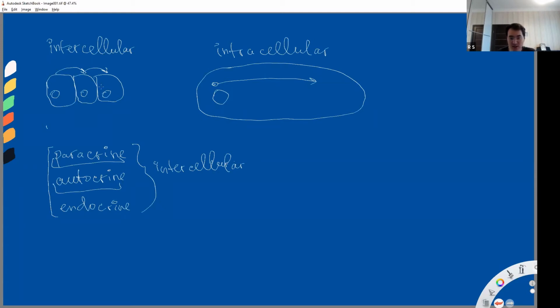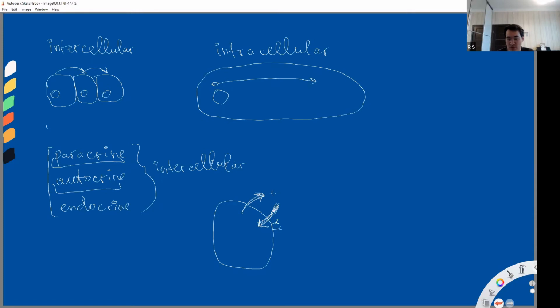Autocrine means the cell secretes something and then consumes it. Usually it's needed to kind of tune itself, to control the processes in a manner that you secrete few molecules that will be obtained by the receptors.